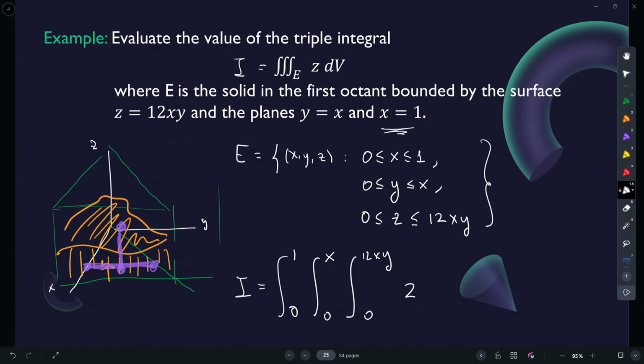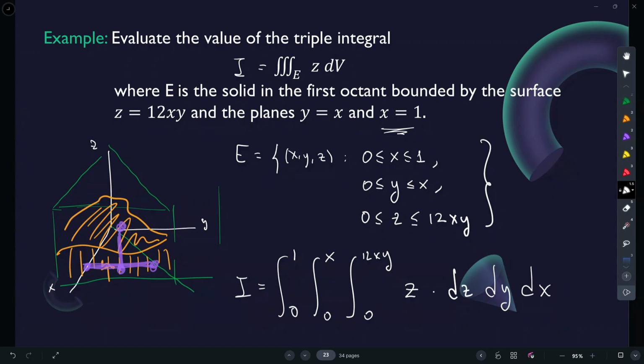And I'm integrating the function z with respect to volume. In this case, this is not polar, so I don't have to do any conversion factor. This is just z times, and now the innermost is dz, then the next one is dy, and then the next one is dx.